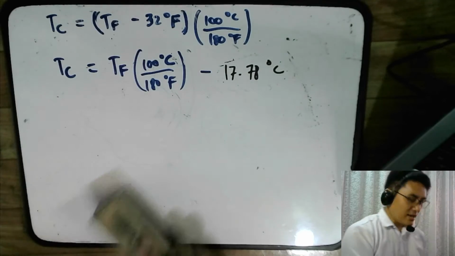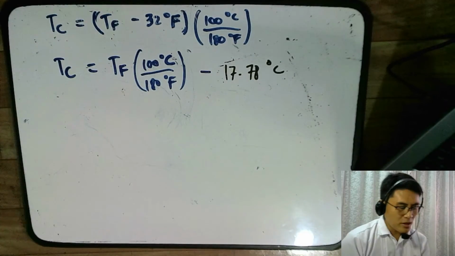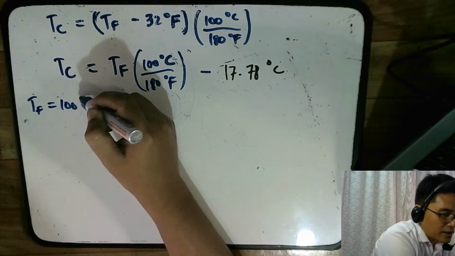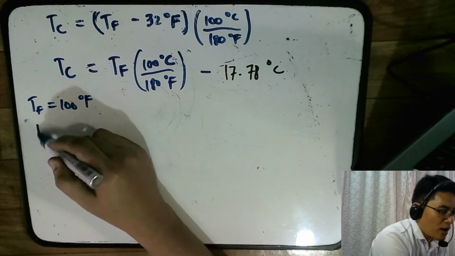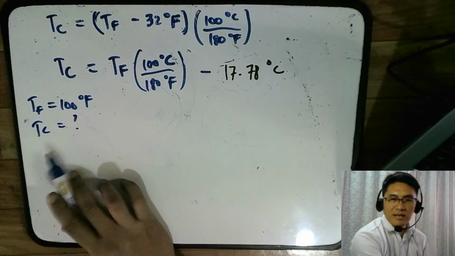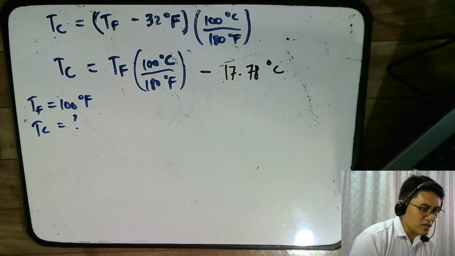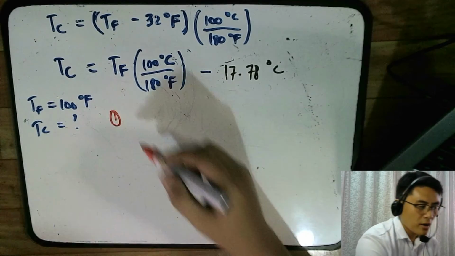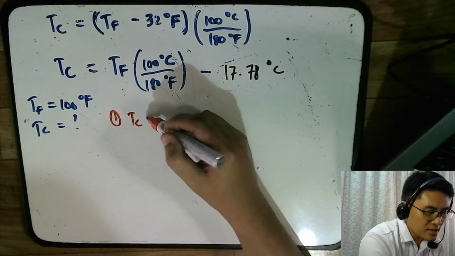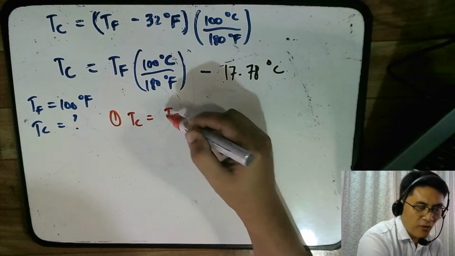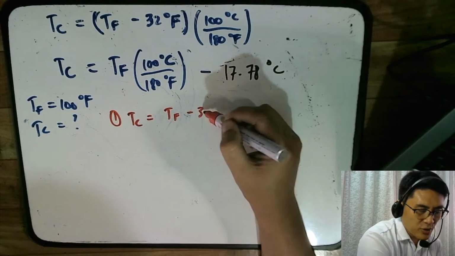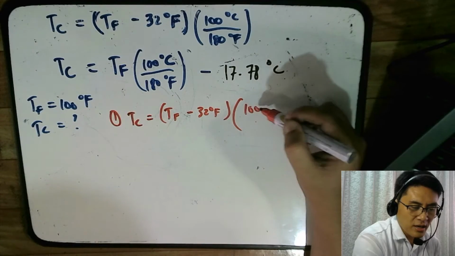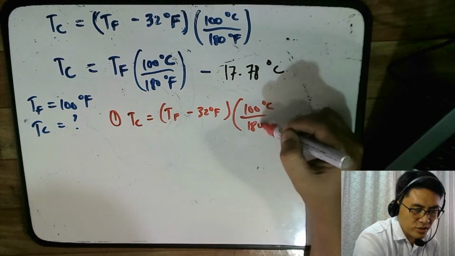So these two are valid. So let's make an example. Let's say I have a temperature of 100 degrees Fahrenheit. I want to know what is its equivalent in Celsius. So using formula number one, we take the Fahrenheit scale, subtract 32 degrees from it first before converting the whole thing to Celsius.